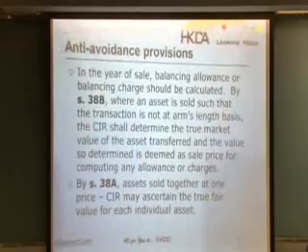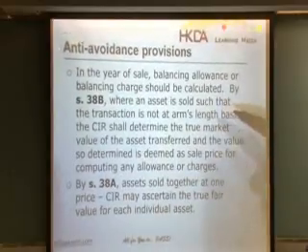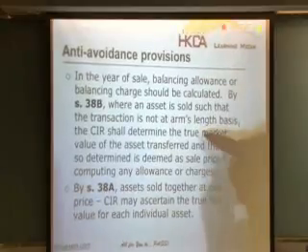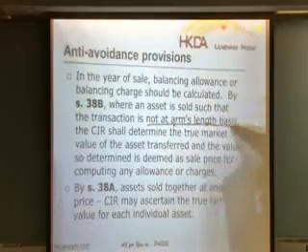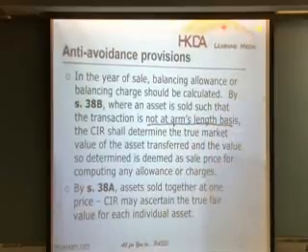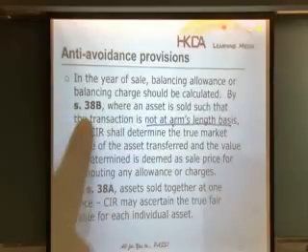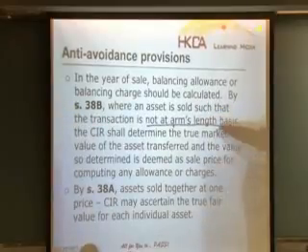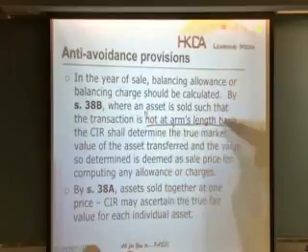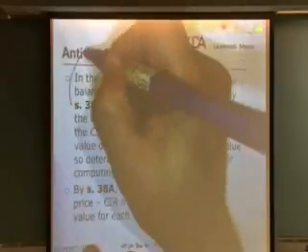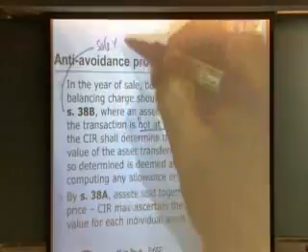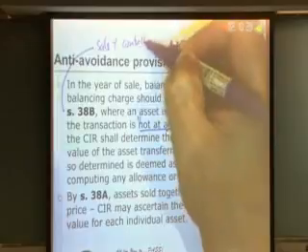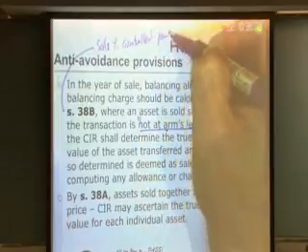Anti-avoidance. The first one is to sell between related party, arm's length. Section 38B. Normally the sales is between related party, which is not at arm's length. Section 38B is sale between controlled parties.